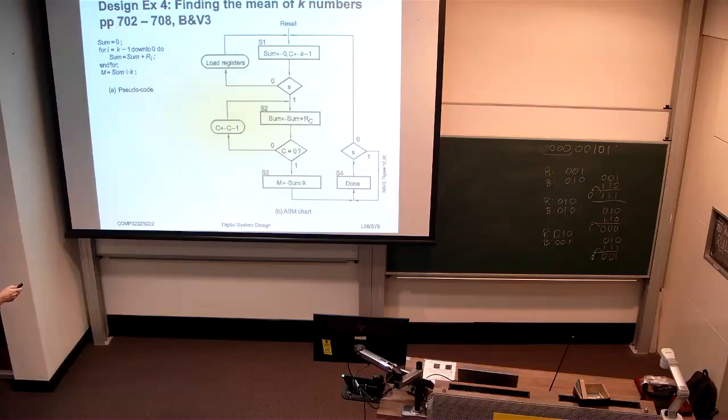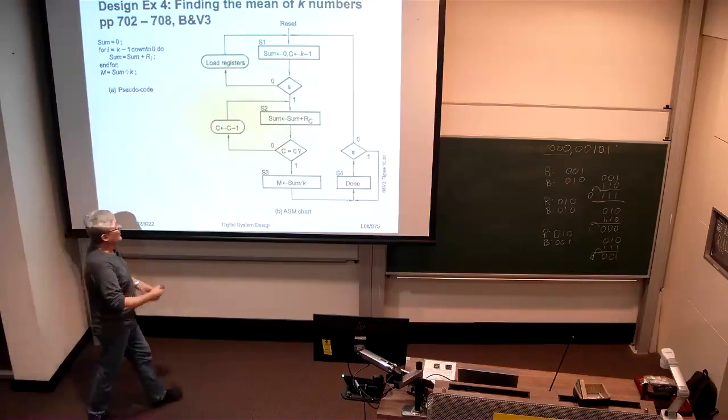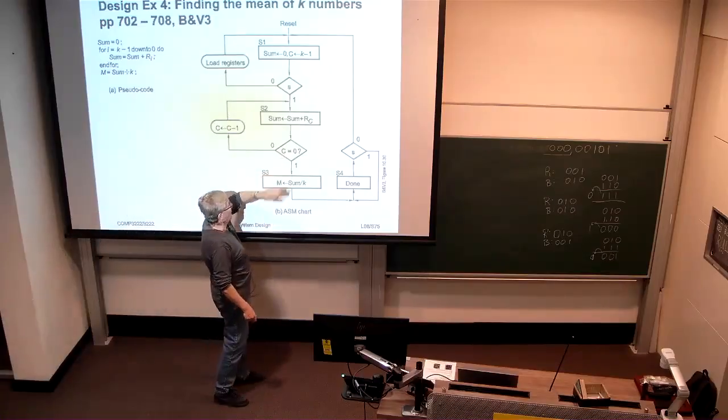So up the top here, we clear the sum, establish how many numbers it is that we're going to be accumulating. The user's going to load those K registers up with values, and then we're going to launch into this for loop where we're accumulating the values. So that happens here until the counter has reached 0.